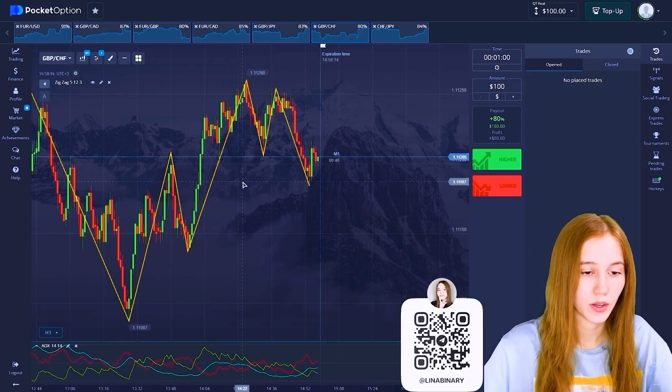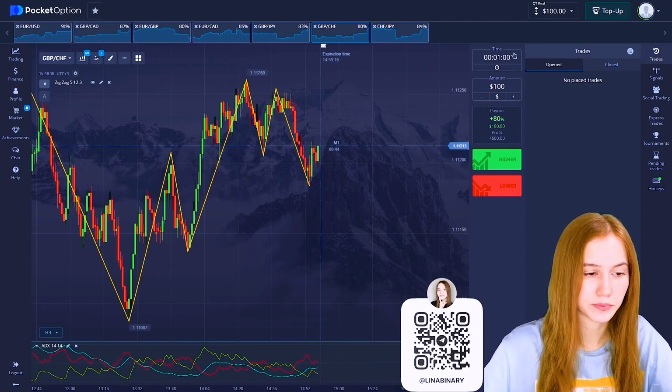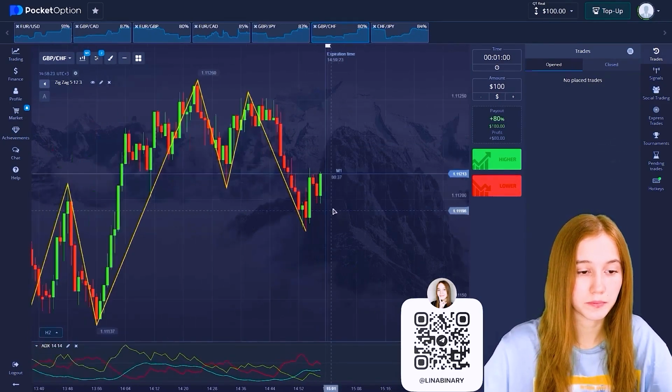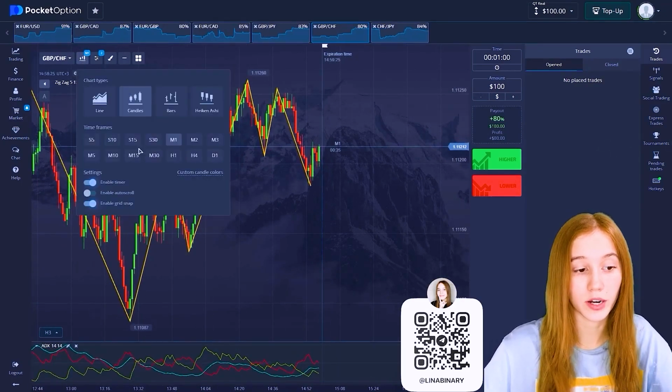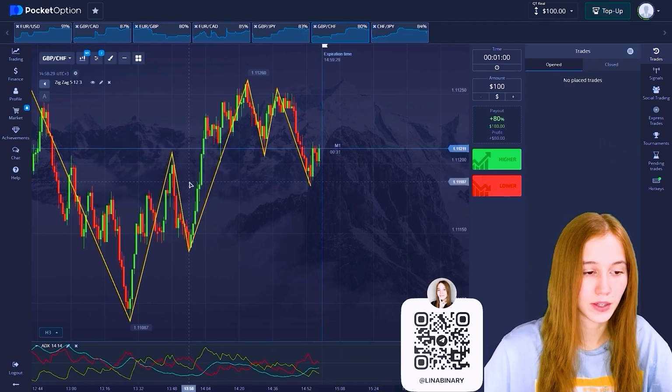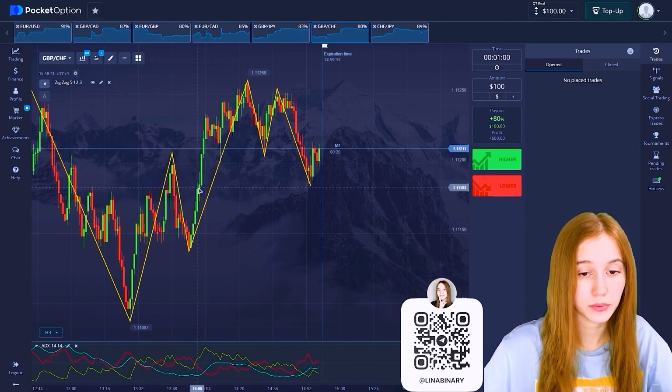So what's more here, the deal time is 1 minute, and we enable the one-minute time frame in the settings here. So, correct.